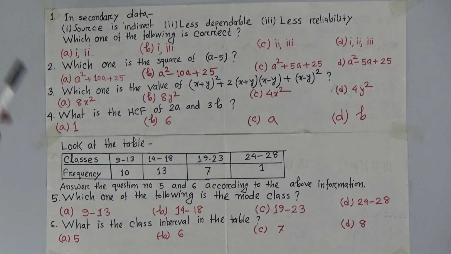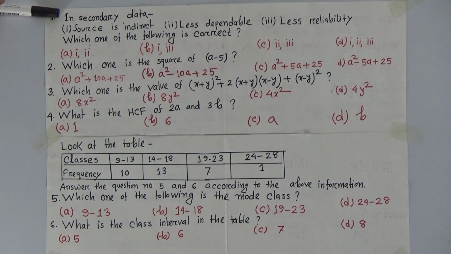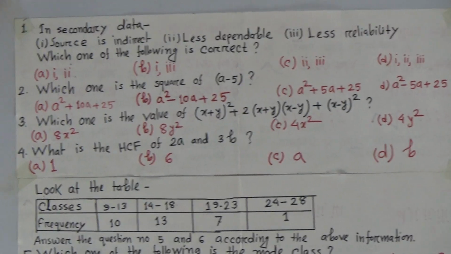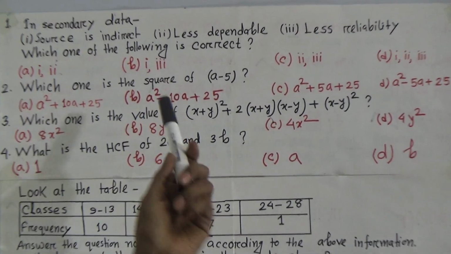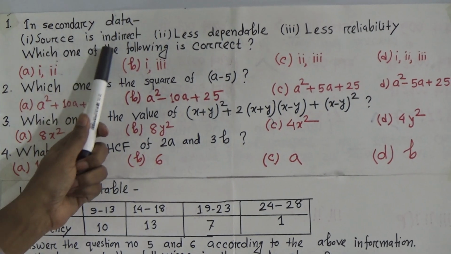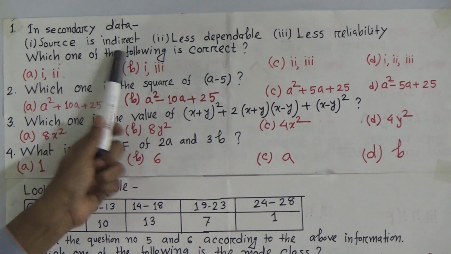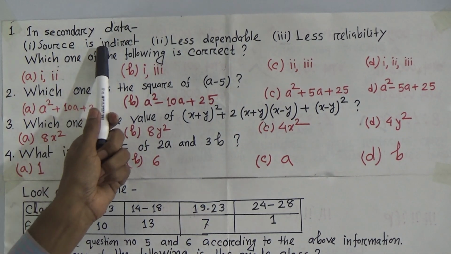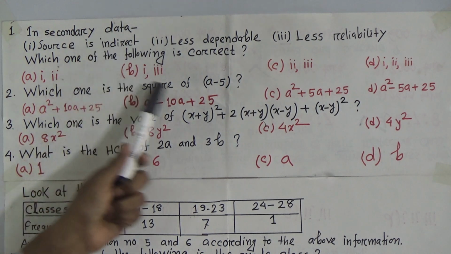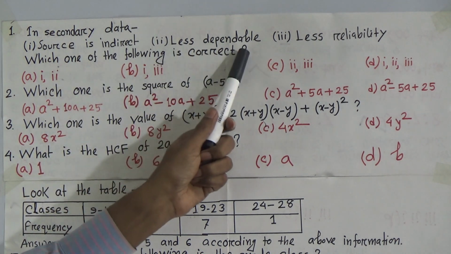At first we read question number 1. In the case of secondary data, number 1, the source is indirect. This sentence is correct. Yes, the source is indirect. Number 2, less dependable.